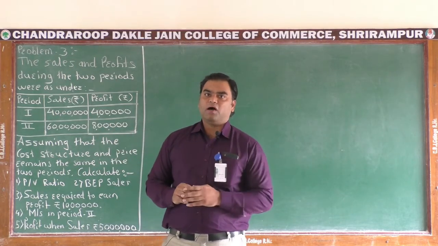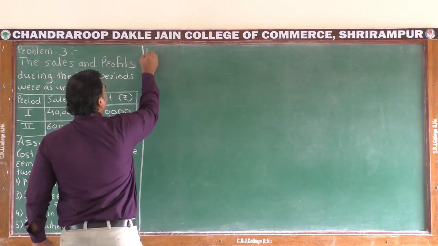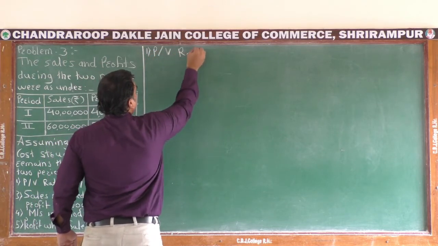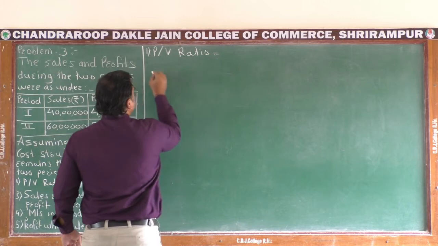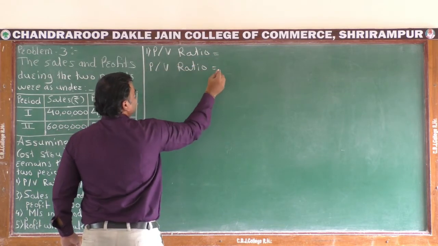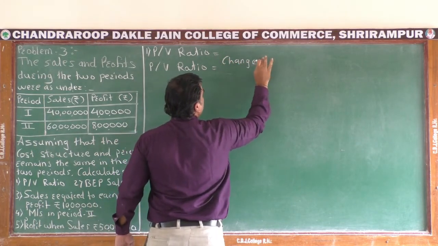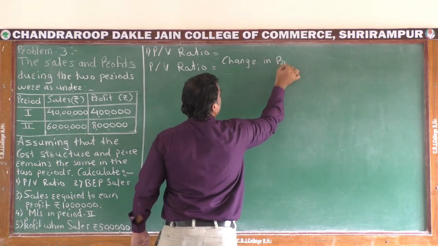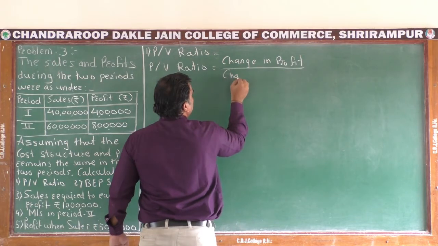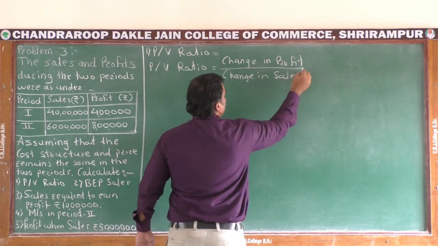So that formula of PV ratio we can use now. PV ratio is equal to change in profit upon change in sales into 100.